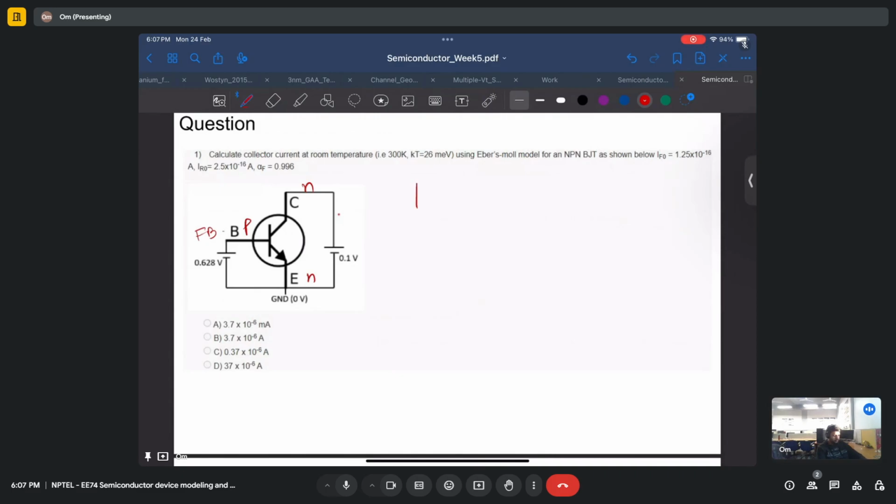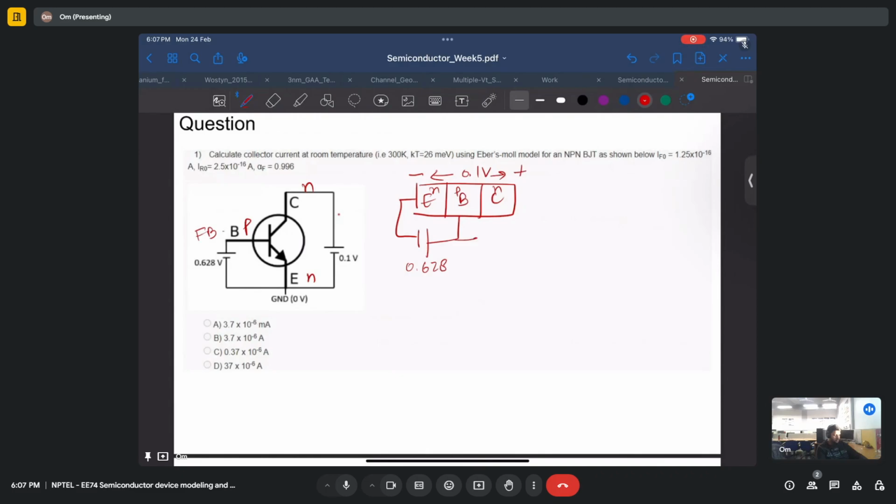If I draw this BJT, the base emitter has forward bias of 0.628 volts, and between these two terminals you have VCE of 0.1 volts.